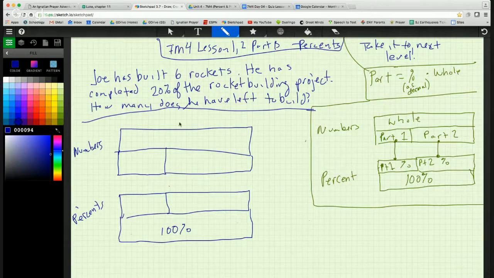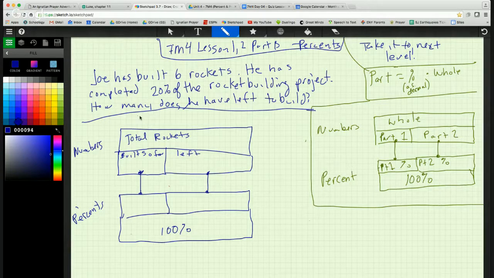Okay, so what do we know? Let's see. So these connect, and these connect. And this is really the built so far. He's got some amount that he's built so far and some amount that he's got left, and that equals the whole. Well, this is the total rockets, and we don't know what the total rockets are. But we do know that this is built so far, and this is how many he has left.